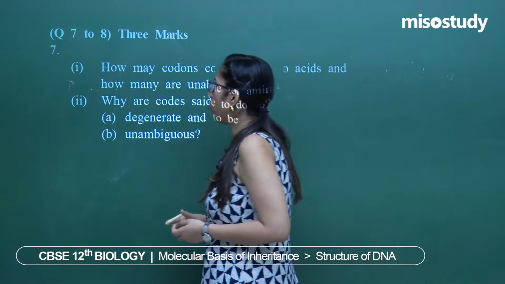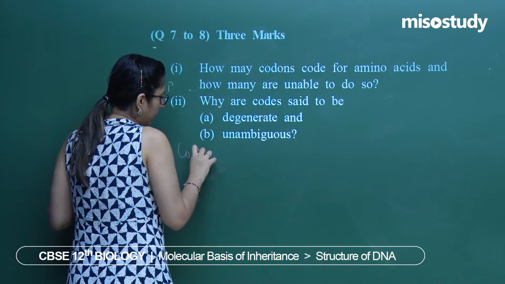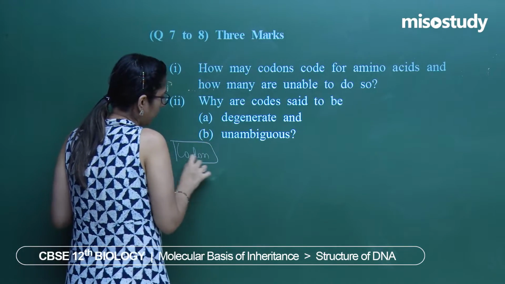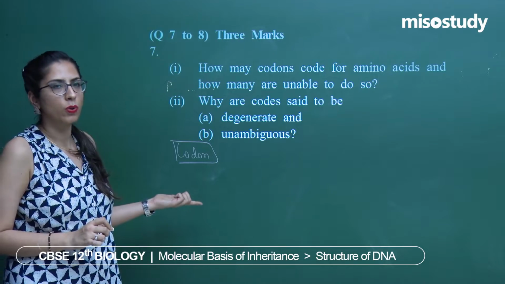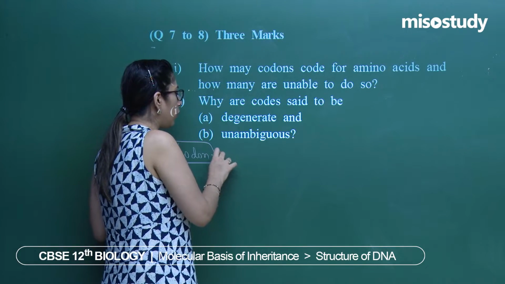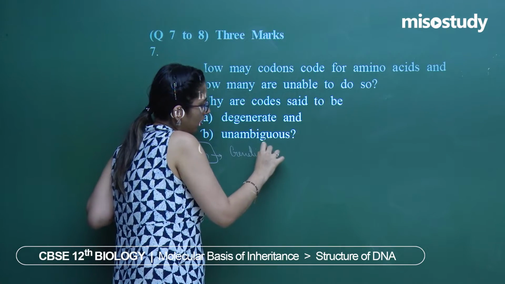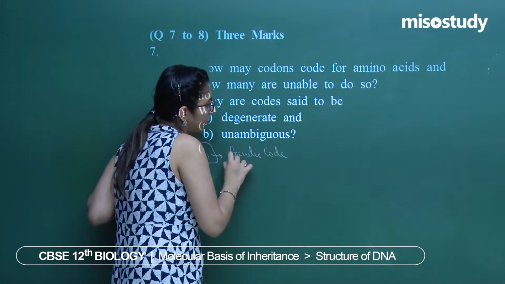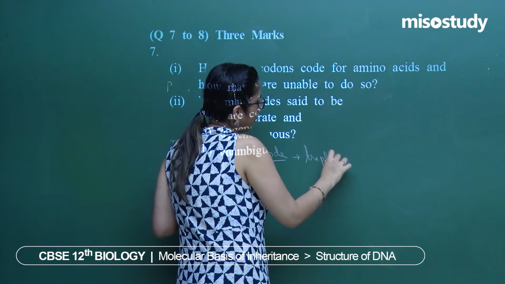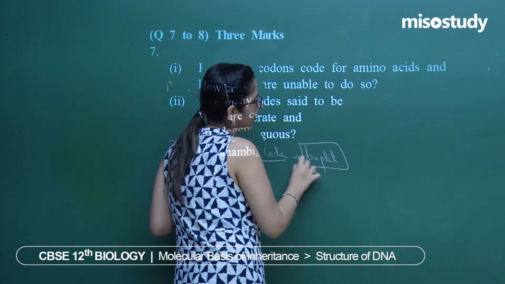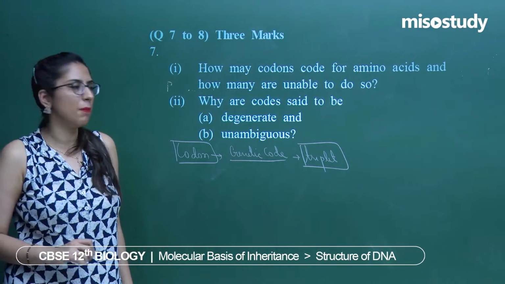When we talk about a codon, we have discussed these codes in the genetic code. I have discussed that a triplet codon is there. Triplet codon means 3 nucleotides code for 1 amino acid.